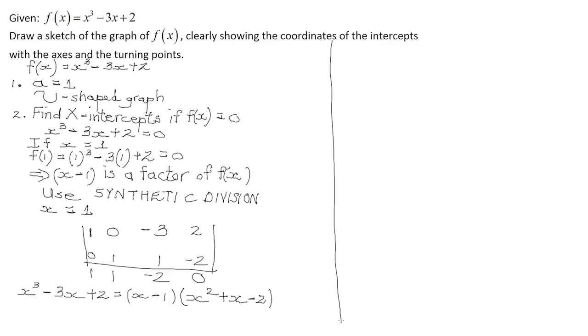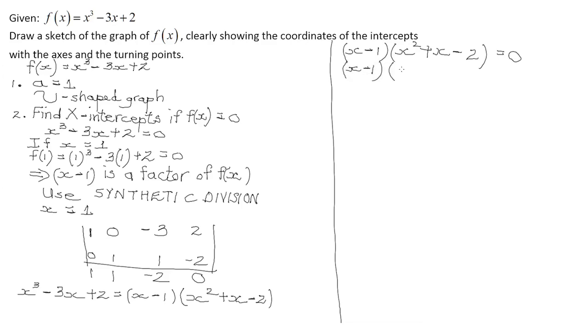Your next step now will be, we need to factorize that. There's your cubic function, there's your first factor, so we need to factorize that in order to find the other x values. So I will just write it down: x minus 1, and then x squared plus x minus 2 must be equal to 0. Obviously, we can factorize. That is a quadratic trinomial, x minus 1.